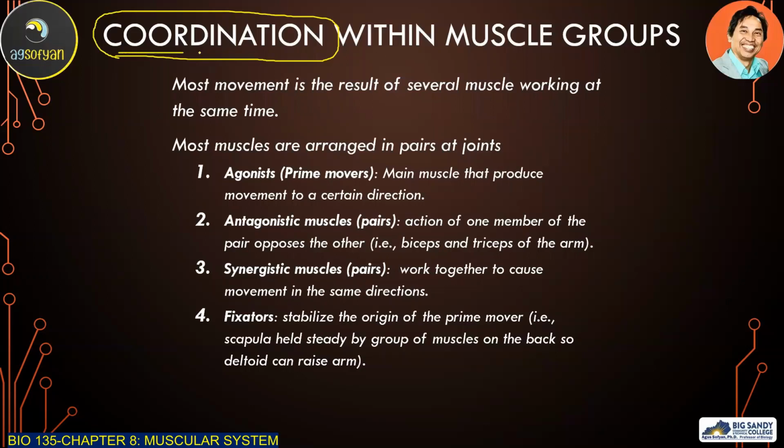So this is the coordination within our muscle groups. There are several types of coordination. The first one is called the agonist or prime mover, and this is usually the main muscle that produces movement to a certain direction. So when this agonist or prime mover contracts, it will move our body to a certain direction.